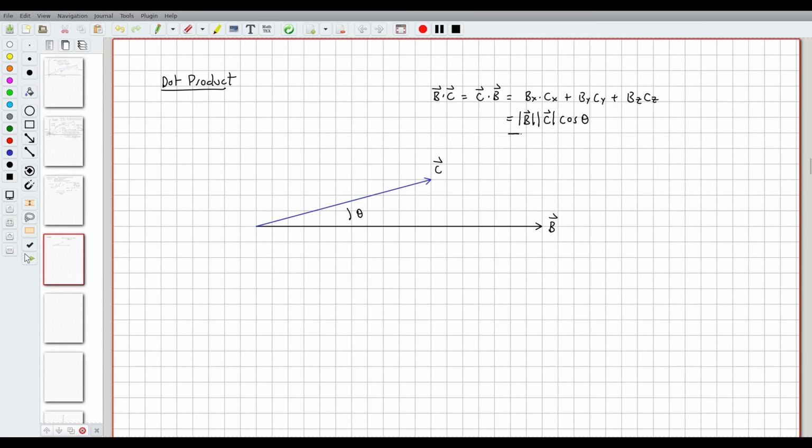Now, it's this one right here that I want to take a look at to get an idea of how you can think of the dot product. To help us do that, I want to draw a fake set of coordinates. We'll use dotted lines because they're fake. I'm going to use color green, I think. Actually, let's use red.